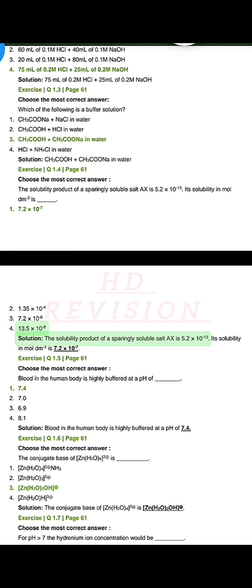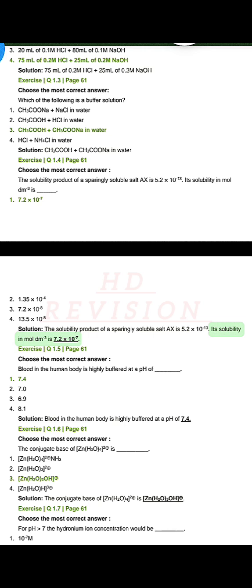Solution. The solubility product of a sparingly soluble salt AX is 5.2 times 10 to the power minus 13. Its solubility in mol dm^-3 is 7.2 times 10 to the power minus 7.